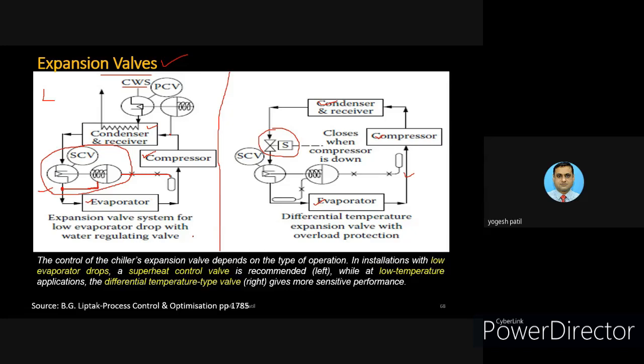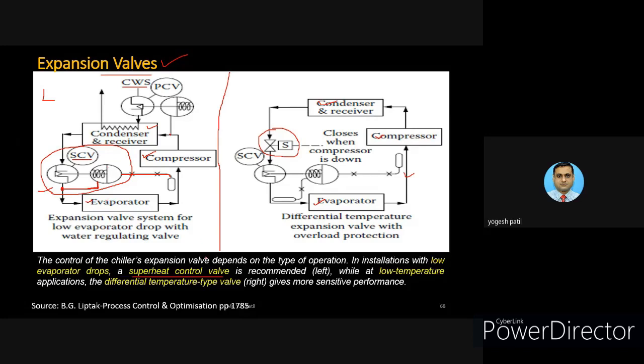So what we can highlight here is that the control of the chiller's expansion valve depends on the type of operation. In installations with low evaporator drops, sometimes what happens is there is a low evaporator drop, and a superheat control valve is recommended. What is that SCV? Superheat control valve.